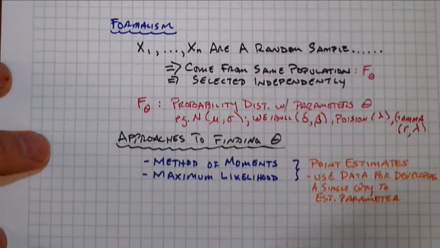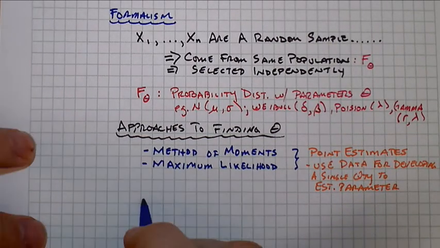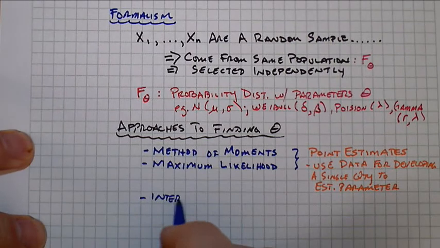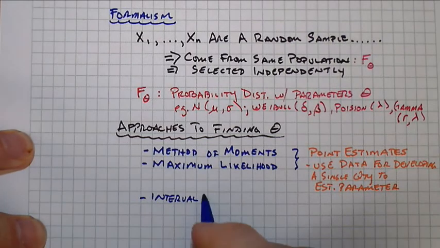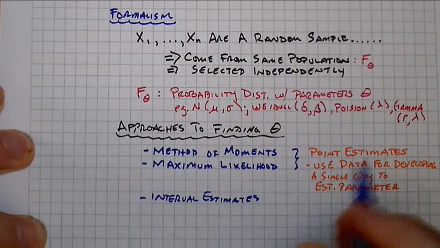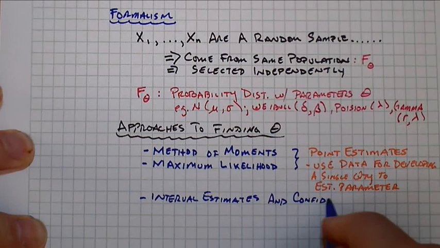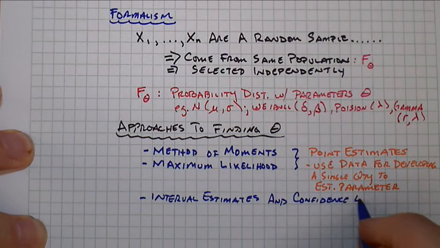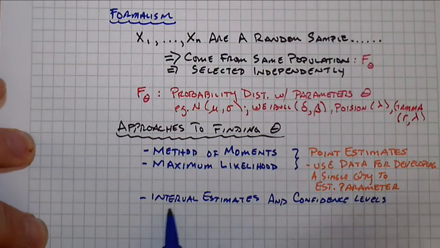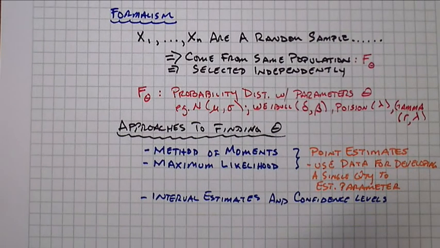Well, because there are other approaches that we might use, those being interval estimates. And some sort of confidence that's associated with that. And so now we'll say, well, the true mean might be within this interval based upon this sample statistic.